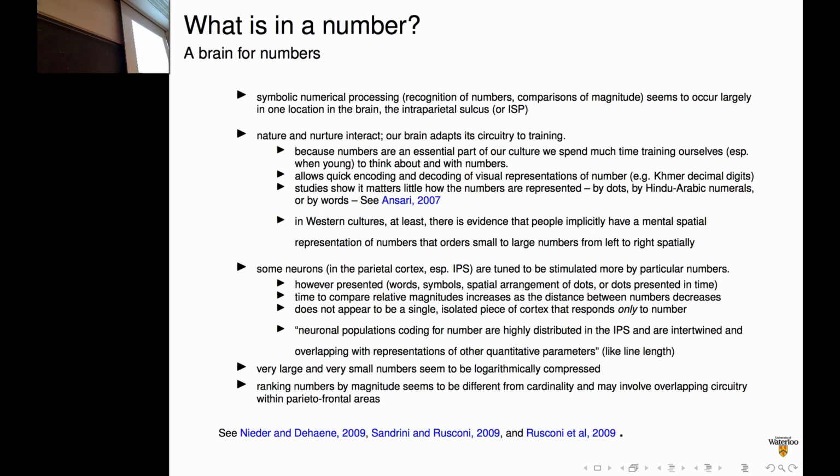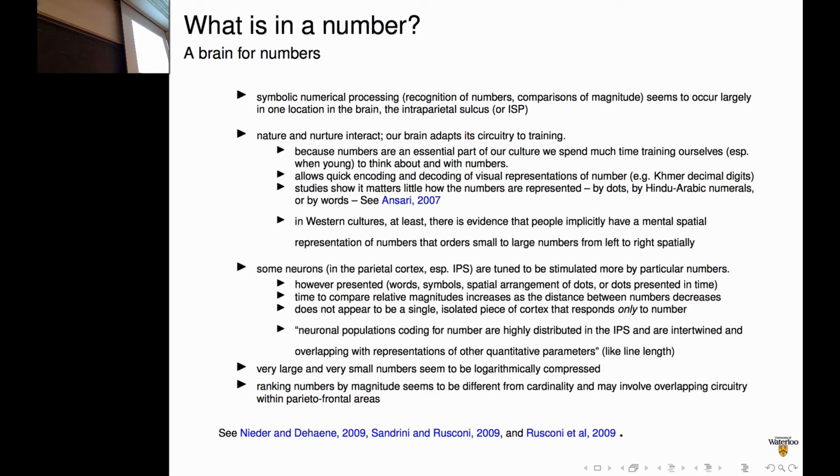So we work with a lot more compared to those folks from the Amazon. And if you think about those Khmer numbers, if there was anybody here from Cambodia that could read Khmer, they would have instantly known what those were. We force those symbols on you when you're very young, the Hindu-Arabic numbers 0 to 9, so that you recognize them pretty immediately by the time you're, I don't know, 6, 7 years old, the latest.